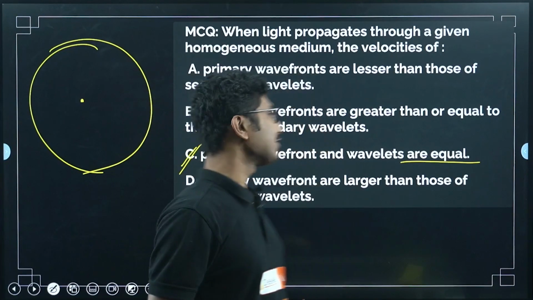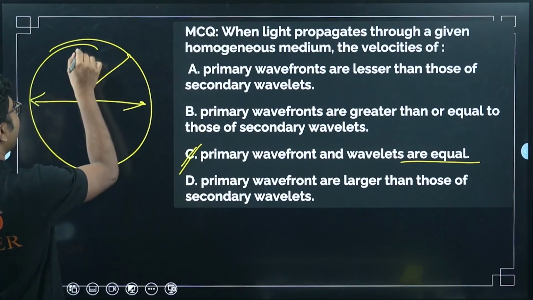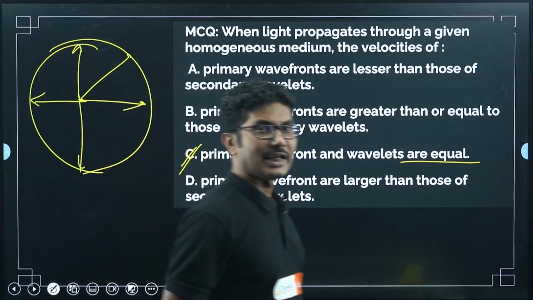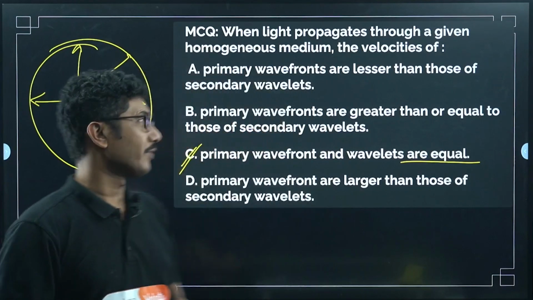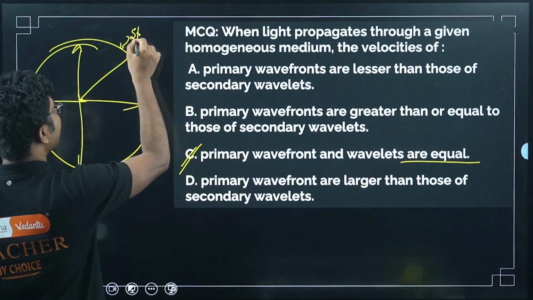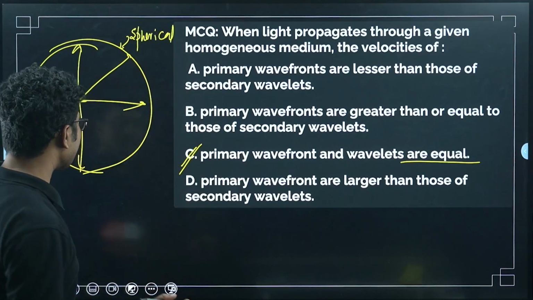So all possible directions means right, left, up, down, forward, backward, and the shape of the wavefront will be a sphere. It will be a spherical wavefront. Sometimes this related question also comes.